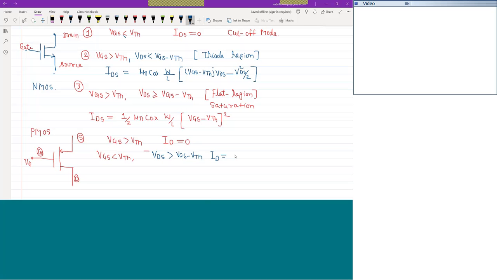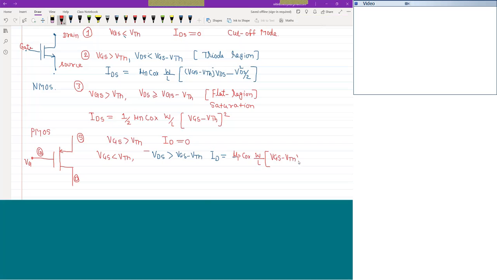ID is equivalent to mu P into COX into W by L, where COX is oxide capacitance and mu P is the mobility, and this is multiplied by VGS minus of VTH.